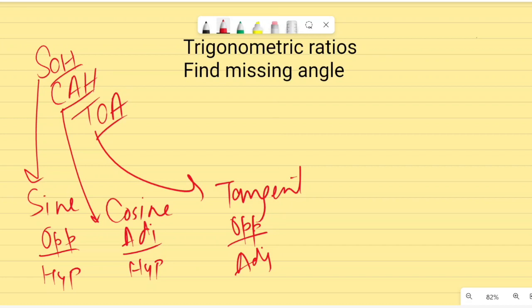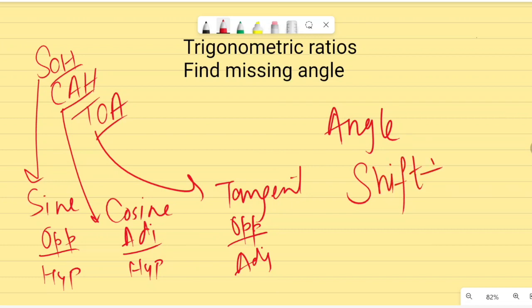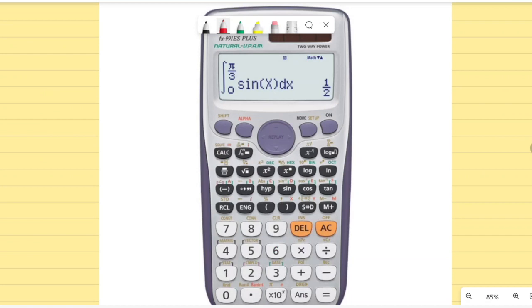But before we move on to examples, I'm going to tell you, when we have to find the missing angle, we use our sine, cos, tan ratios after pressing the shift key. You will press the shift key and then you will use sine or cos or tan. Let me show you first. Here you can see the scientific calculator.